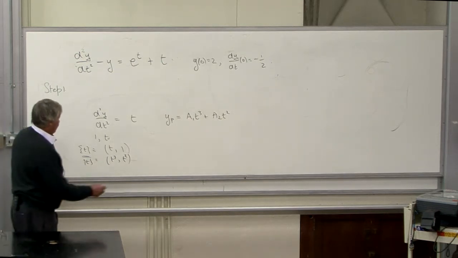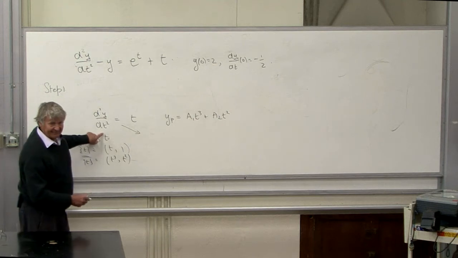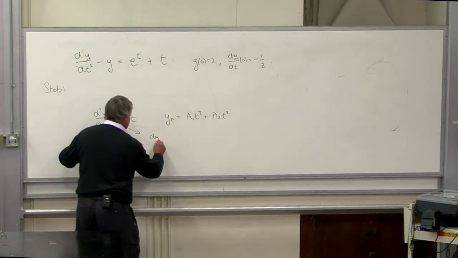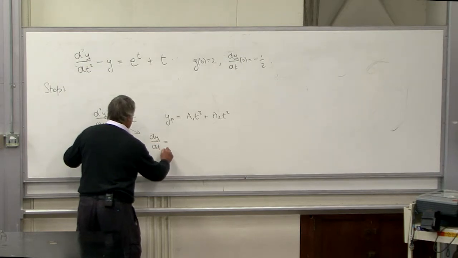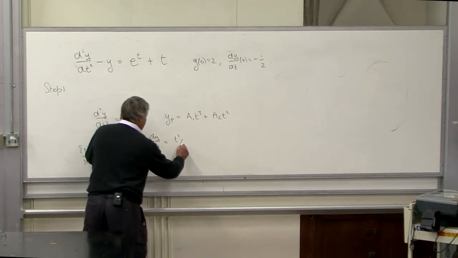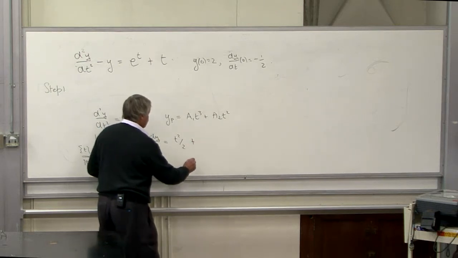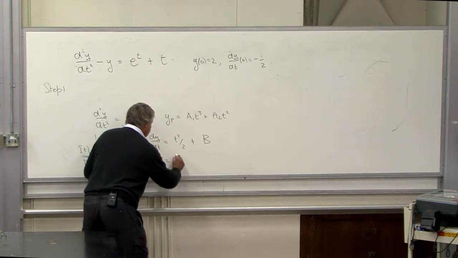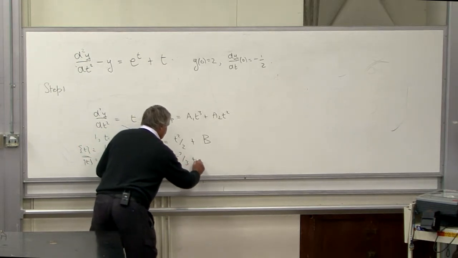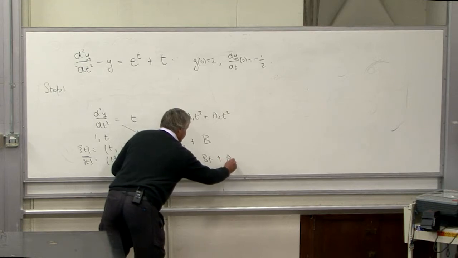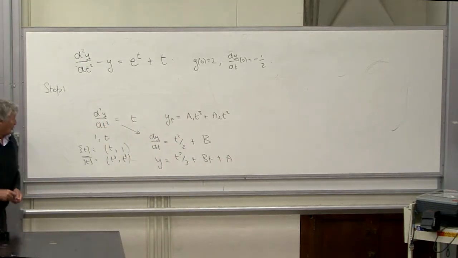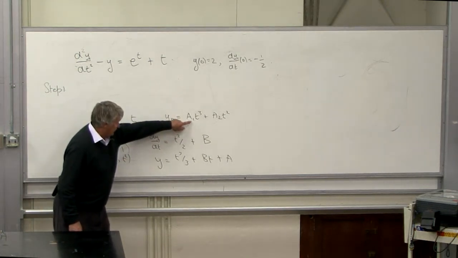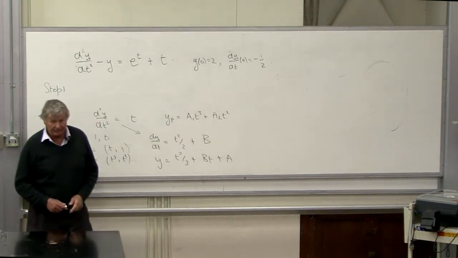Now you can see that if I just integrate this directly, I am going to go up to t cubed, because integrate it once, dy by dt equals t squared over 2 plus b. Integrate again, y is t cubed over 3 plus bt plus a. So if you substitute this in the equation, the a1 will be a third and the a2 will be 0.